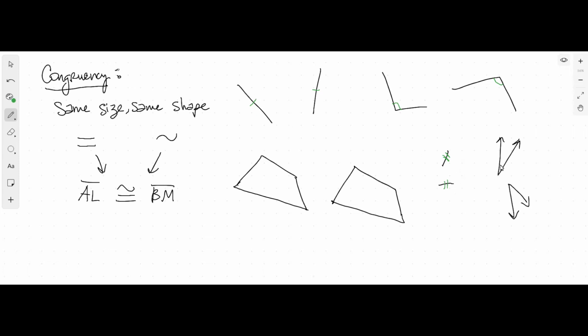The same holds for angle measures. I can put two arcs here and two arcs here to show that these are congruent to each other, but not congruent to these angles. So let me mark off that these are congruent. Angle, angle, 1, 2, 1, 2.